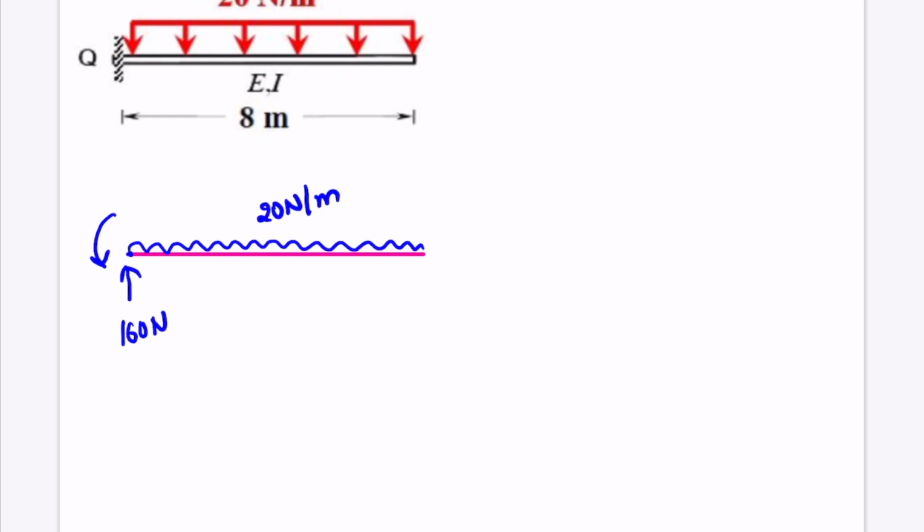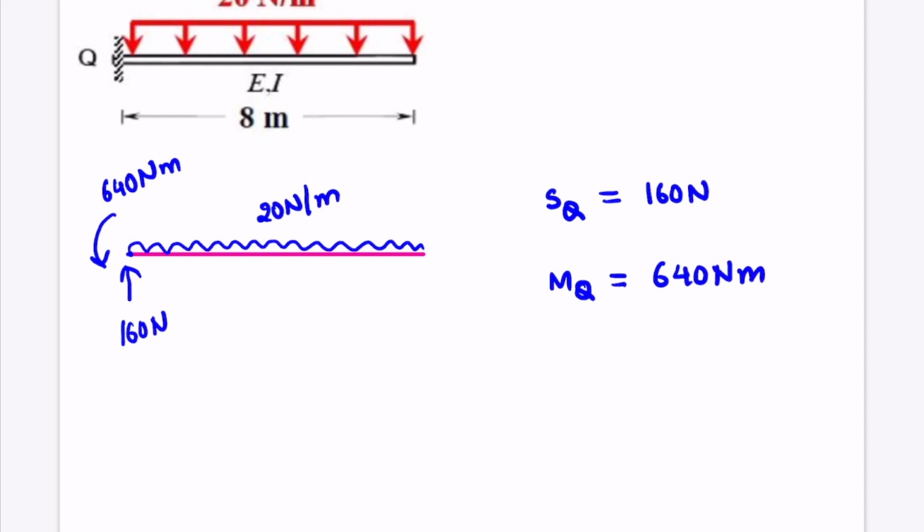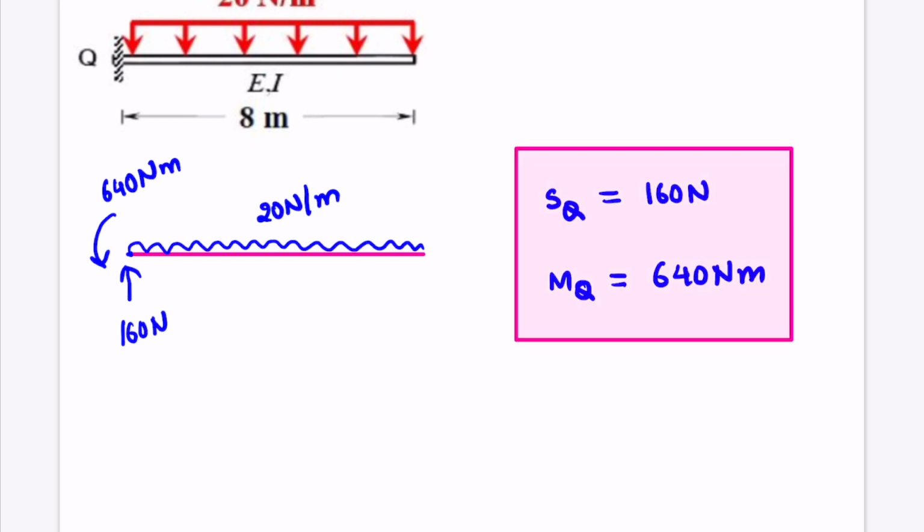So the magnitude will be 20 multiplied by 8 multiplied by 4, that is 640 Newton meter. So for this we have the value of SQ, that is the shear force at Q, as 160 Newton, and MQ, that is moment at Q, as 640 Newton meter. So for this structure also we have got the value of SQ and MQ.